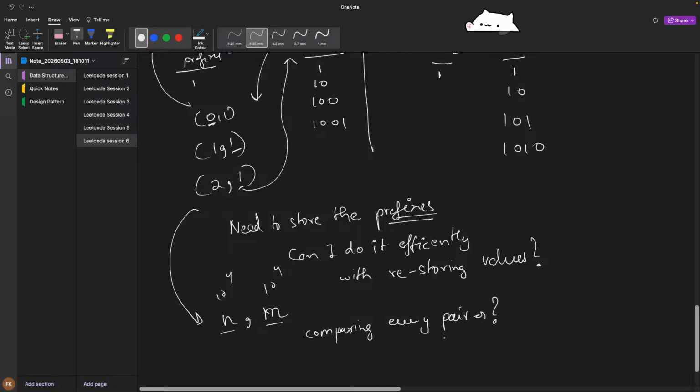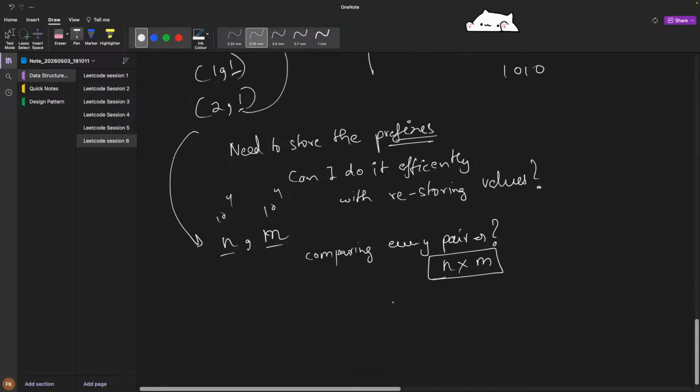The number of pairs would be n into m, most obviously.